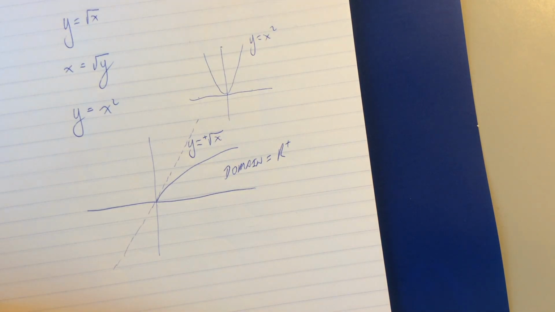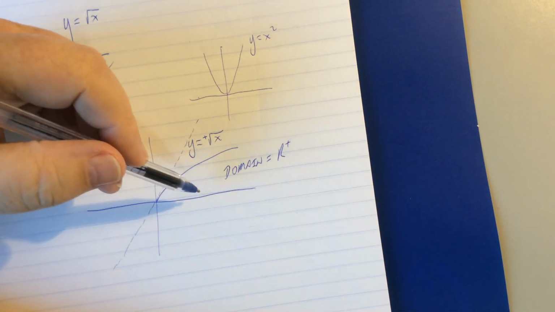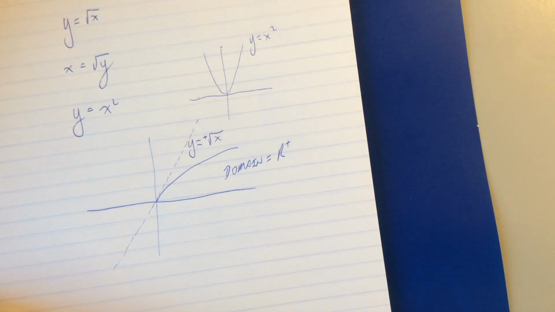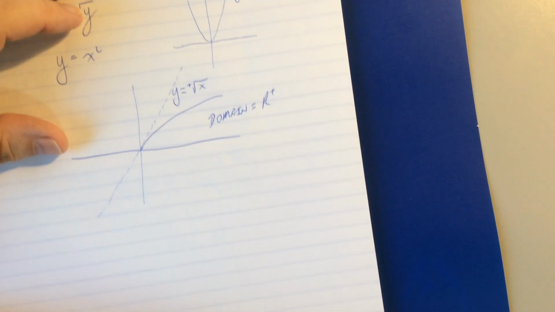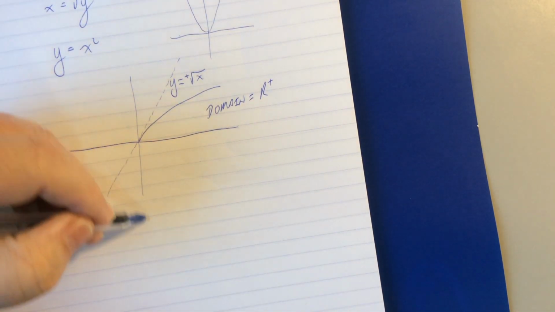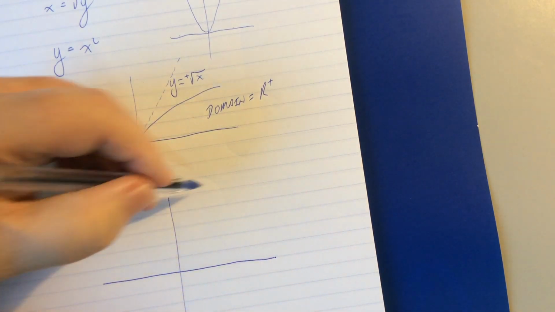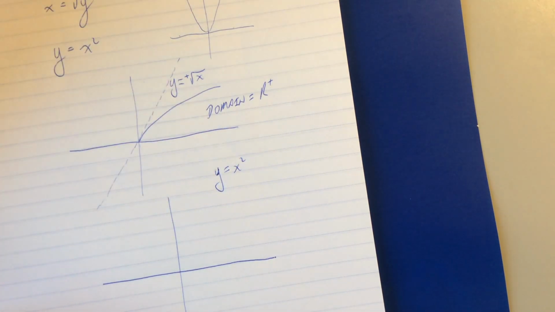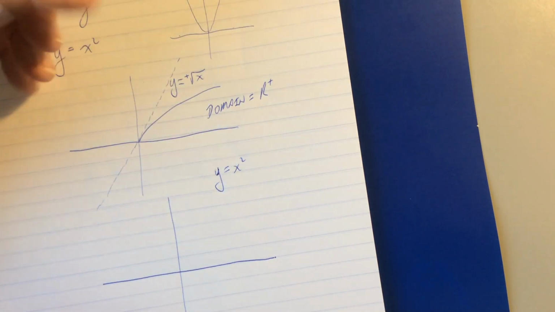And when we swap domain and range, when we invert this, because if x becomes y, then domain becomes range and range becomes domain, we get an interesting, well, what I think is an interesting result. So we're going to have y equals x squared for our inverted function.